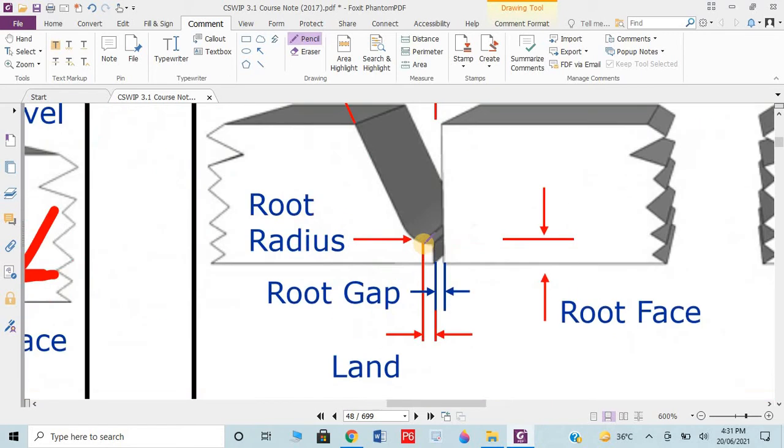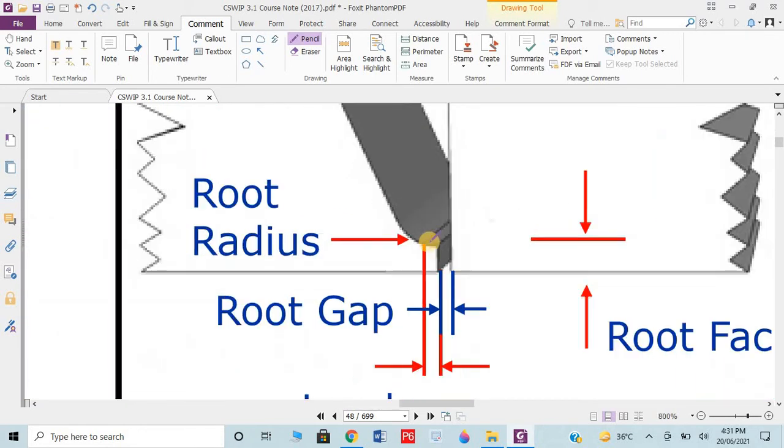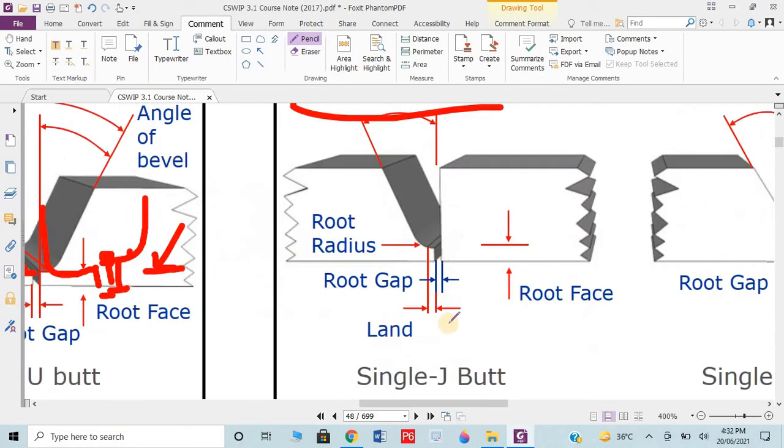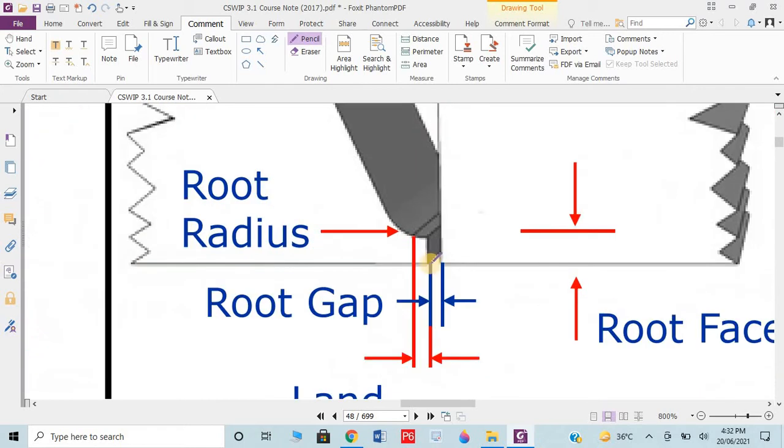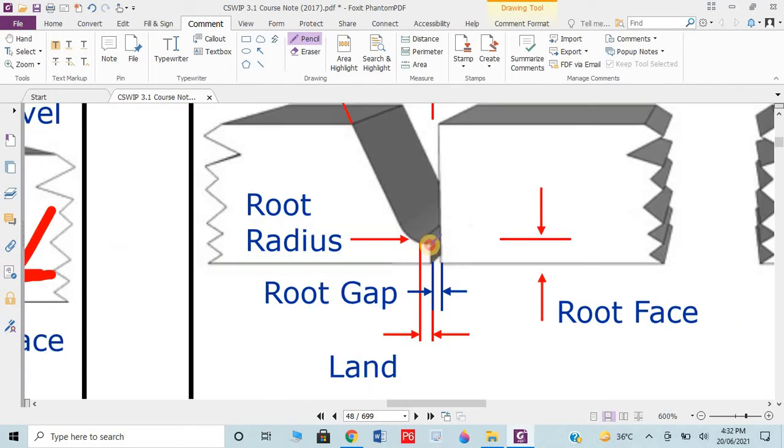You see here this is the radius, but if you see the two lines, this point and this point, this straight line is known as the land. Follow the red one. This is the land, this is the root gap. You can see here this and that. Then the height of the root is known as the root face.